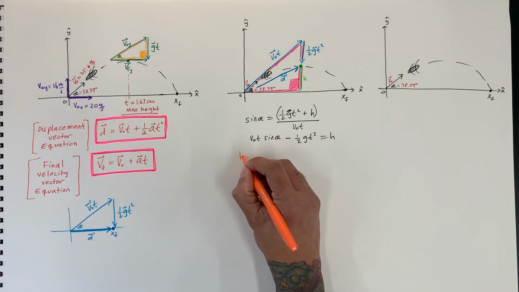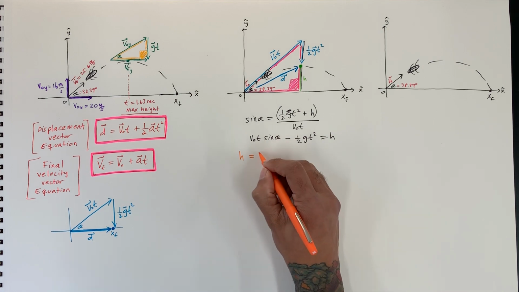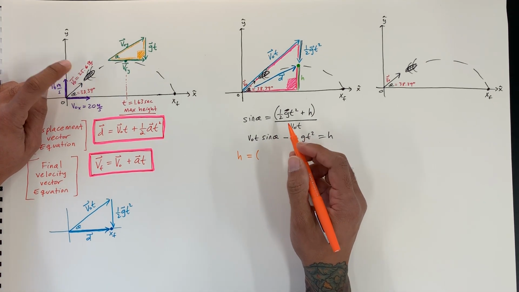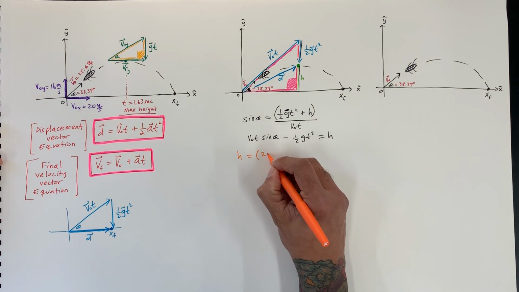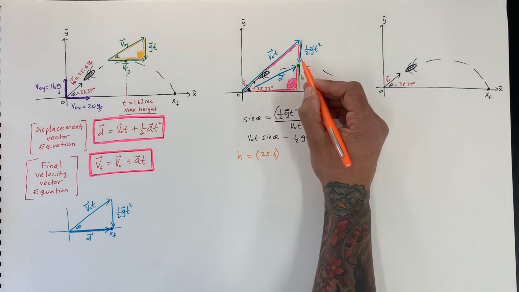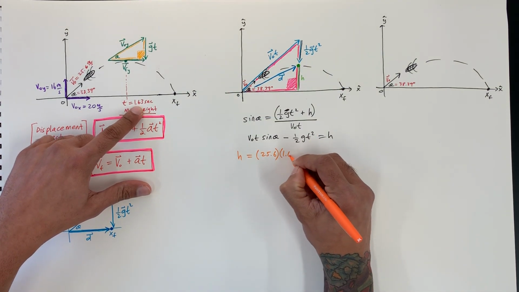So I'm gonna rewrite h on this side, and v naught is calculated from part 4. We have 25.6. The time for the max height is 1.63.